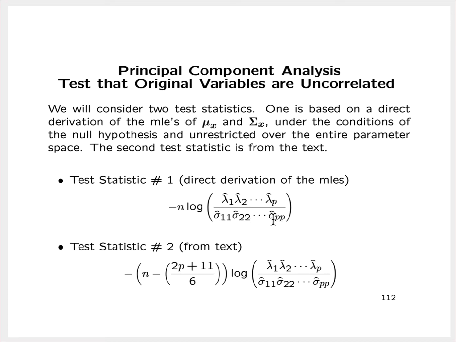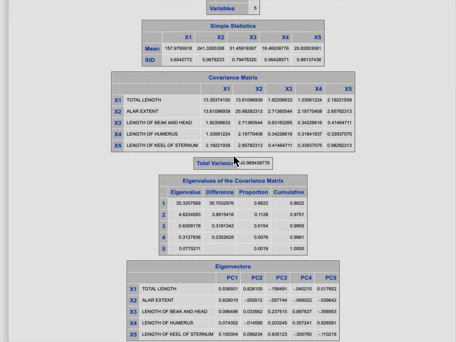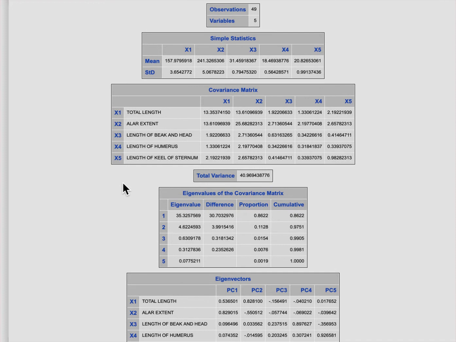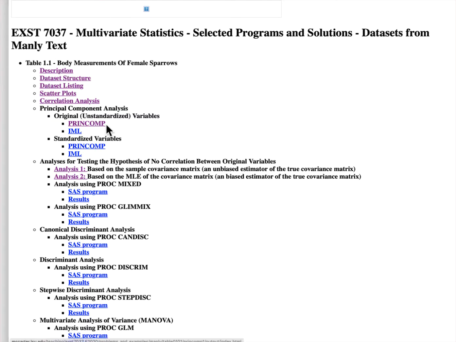We calculate the ratio of those products and then calculate, again, the natural log. This is not log base 10, this is the natural log, okay? And then once we have done that, we multiply that by negative n, where n is the sample size. So we see here that we can get the values we need from the output from PROC PRINCOMP, which is the principal component analysis as we do it in SAS.